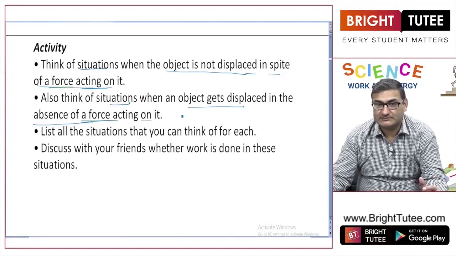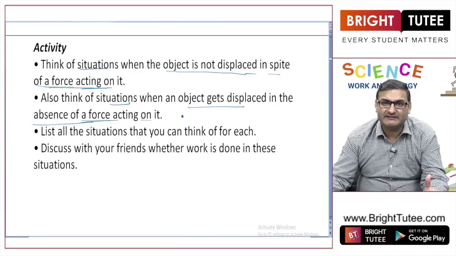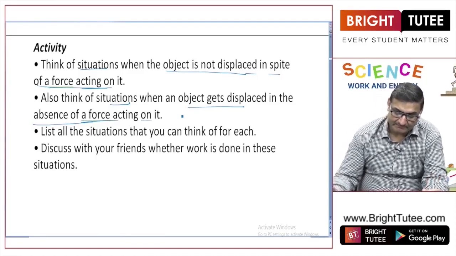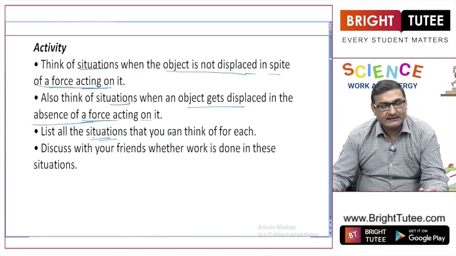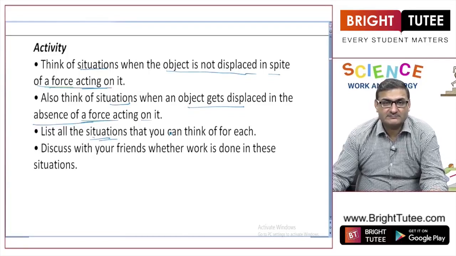There is no visible force actually, right? But there must be some force. Whether something is falling, then it is the force of gravity, it may be the force of air, right? Not many other things. So these are the situations that you can think of, and again you can just discuss it with your friends whether in each case some work is being done or not.